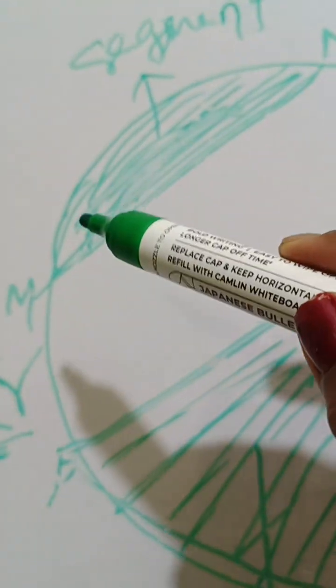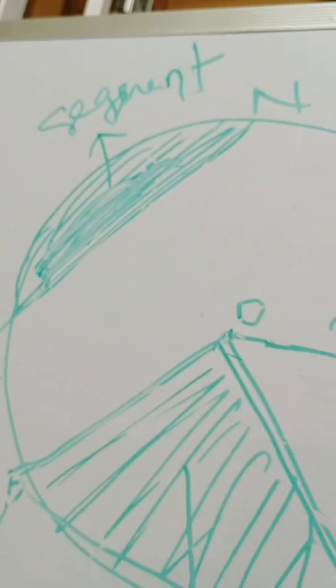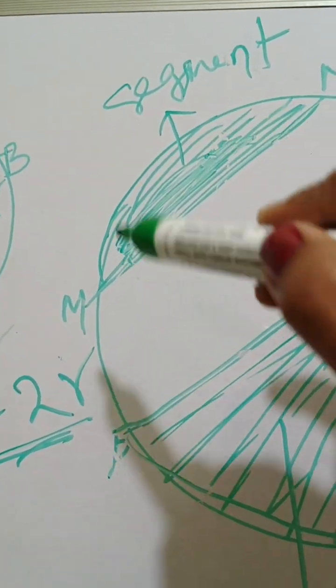The region of a circle which is bounded by 1 chord and 1 arc is known as a segment. This is a segment, and this is a sector. A sector is the area bounded by 2 radii and 1 arc. A segment is the area bounded by 1 arc and 1 chord.